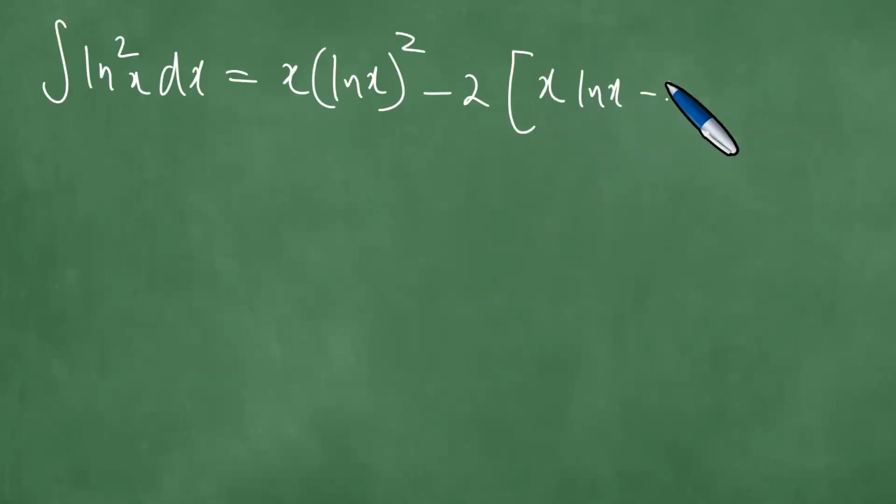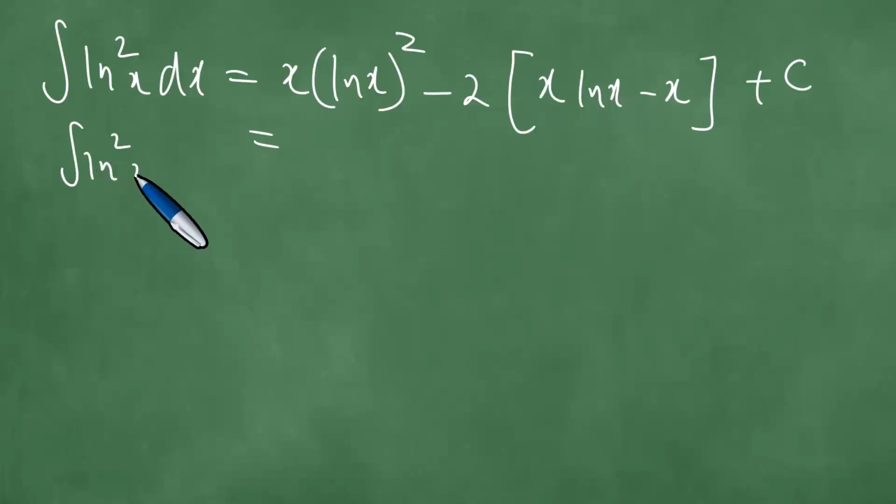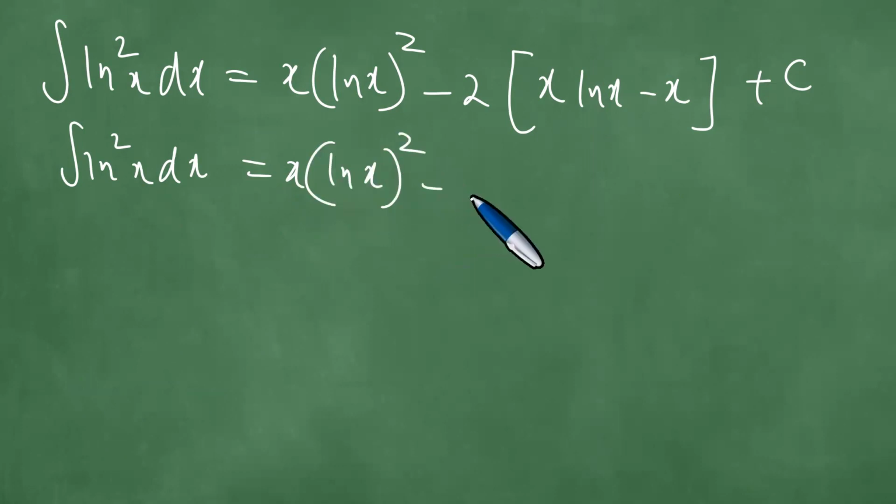Leave out the c for now; you can add c like this. So the integral of ln squared x is equal to x times the ln of x squared, minus twice x ln x, plus twice x, plus c.